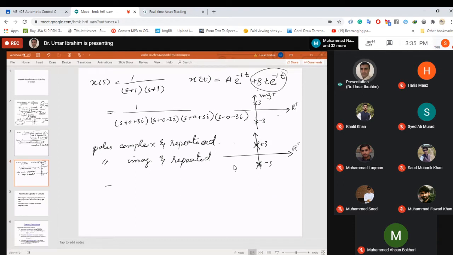Now in this case, our response will be equal to a e 0t cos(3t minus 5). In this particular case, the response will have another term, plus b e raised to the power 0t for these 2 poles, t cos(3t minus 5).